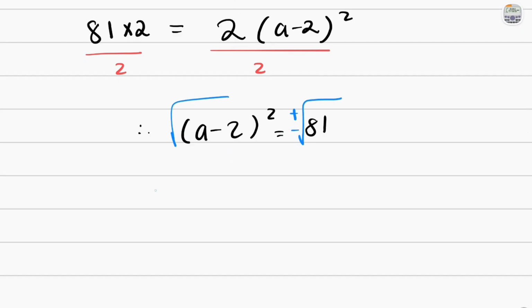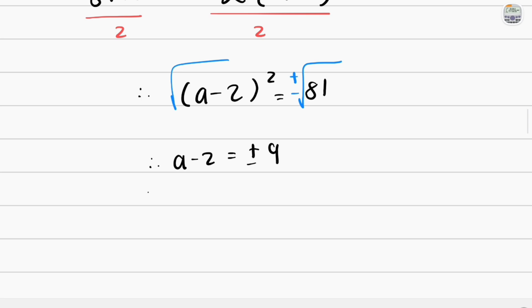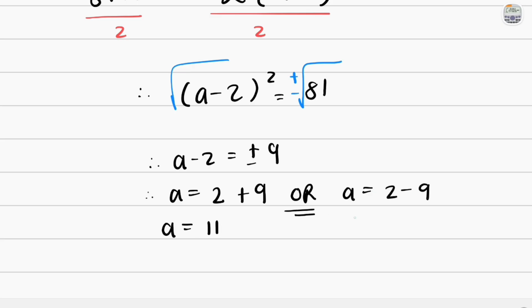So we have a minus 2 is equal to positive or negative 9. And finally, a is equal to, we can transpose the negative 2, and it's now positive. So it's 2 plus or minus 9. So we can say 2 plus 9, or a is equal to 2 minus 9. So a is either equal to 11 or a is equal to negative 7.